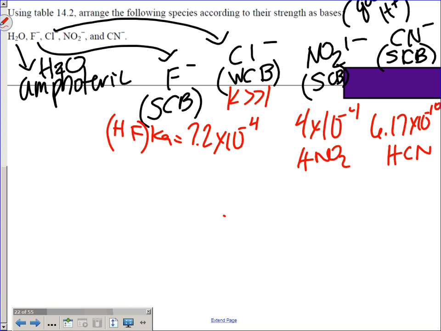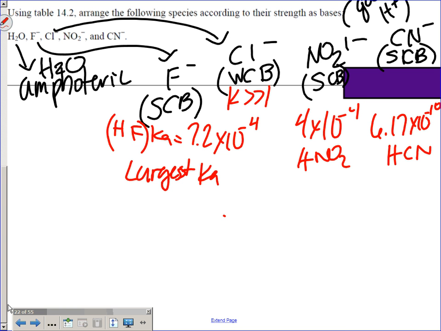Who has the largest Ka value? Nitrous has a 4. Hydrofluoric has a 7.2. Hydrofluoric, right? So this is the largest of the weak. The largest Ka means that you are a stronger weak acid.